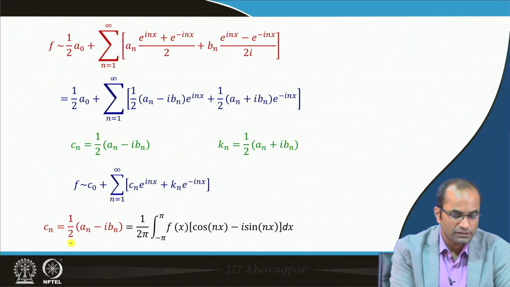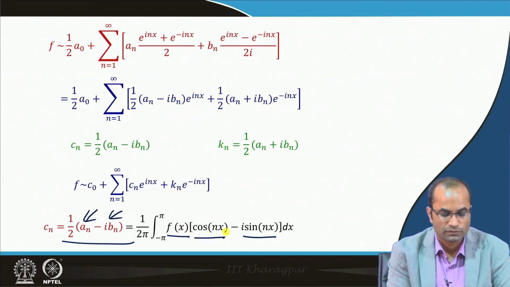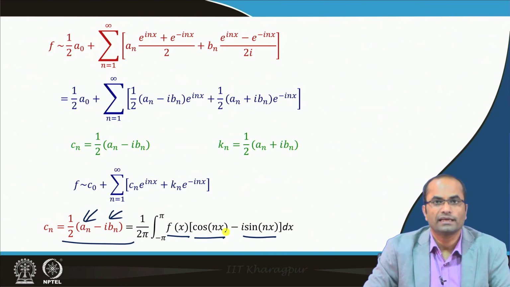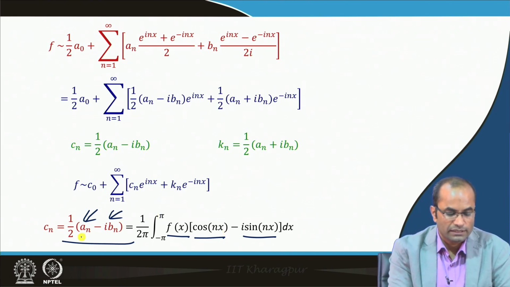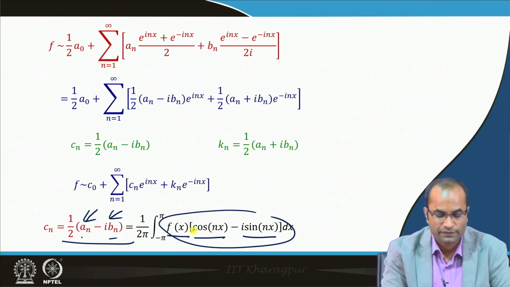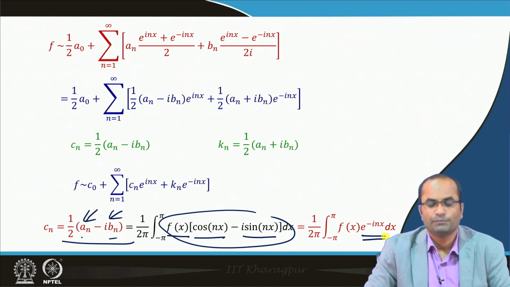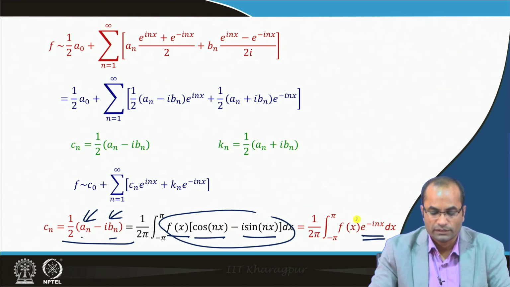We know a n and we know b n, in terms of the integrals of f x cos n x and f x sin n x. By substituting these a n and b n here, we have a more simplified form: f x times cos n x minus i sin n x, and this cos n x minus i sin n x we have written in terms of the exponential function e power minus i n x, with the integral from minus pi to pi of f x e power minus i n x dx.